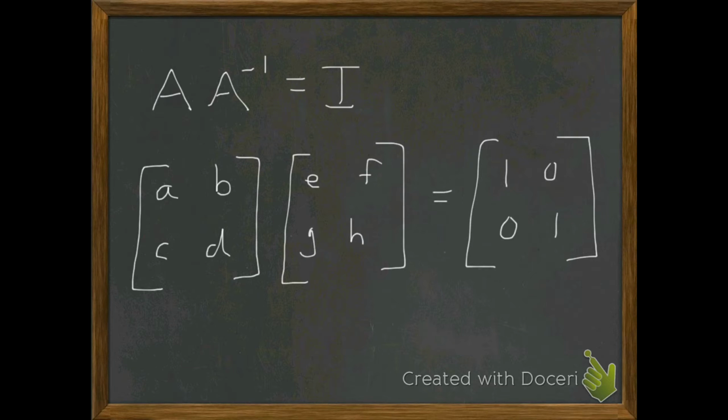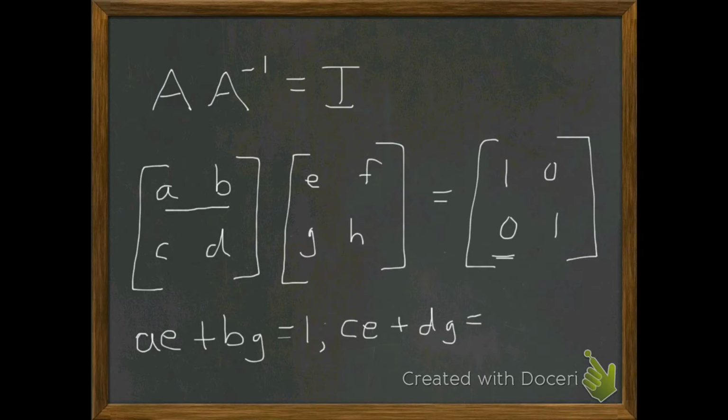Now I'm just going to get the ball rolling here. What we need is a linear combination of AB, EG. So we need AE plus BG equal 1. We also need, for the second row, first column, CE plus DG equal to 0.